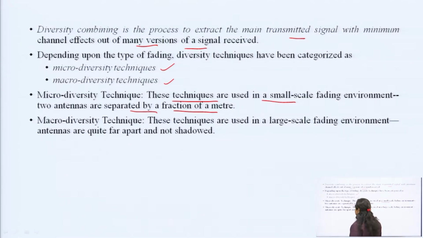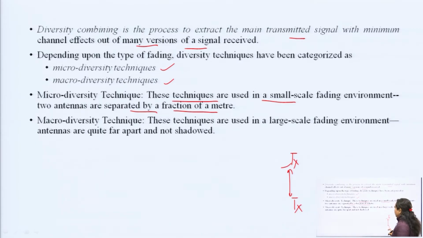In micro diversity and macro diversity, the transmitters that are connected have to be separated by some distance; in micro diversity, it will be separated by a fraction of a meter. Macro diversity techniques are used in large scale fading.